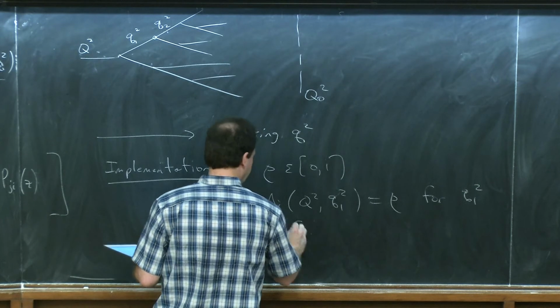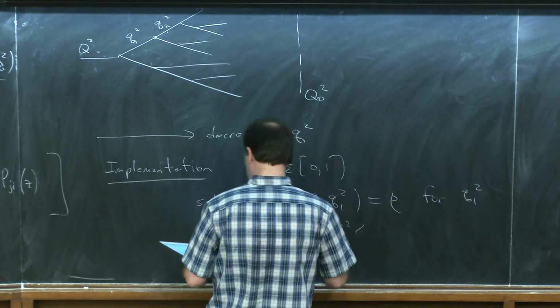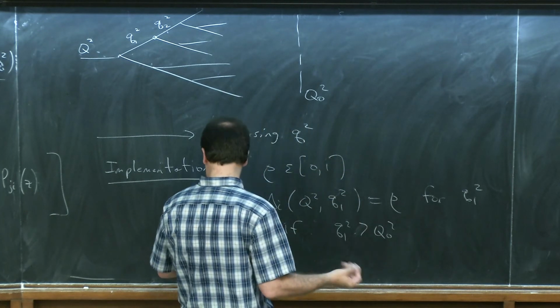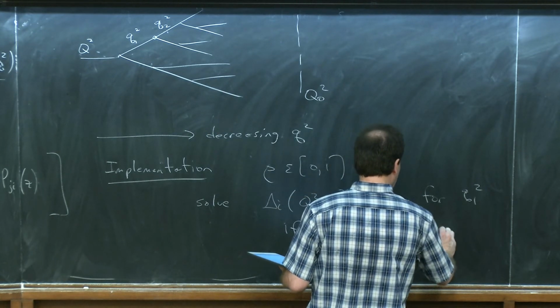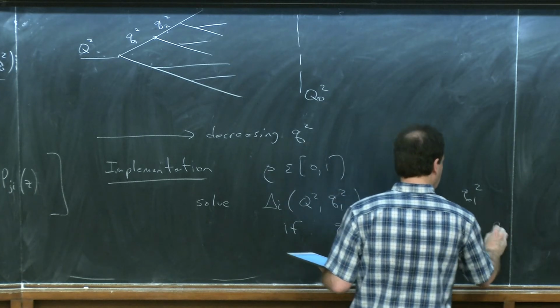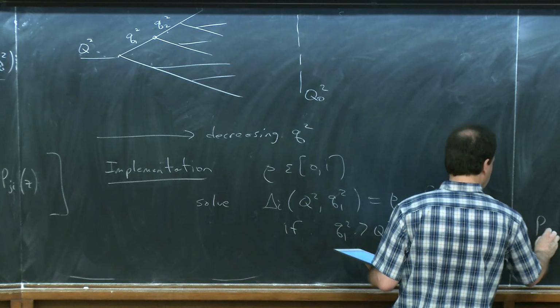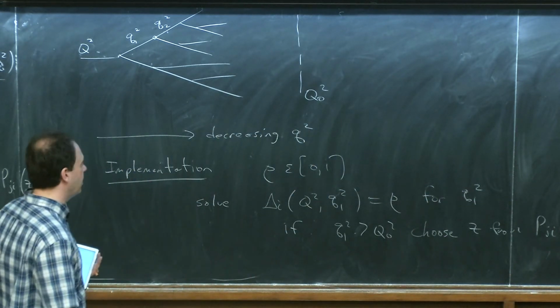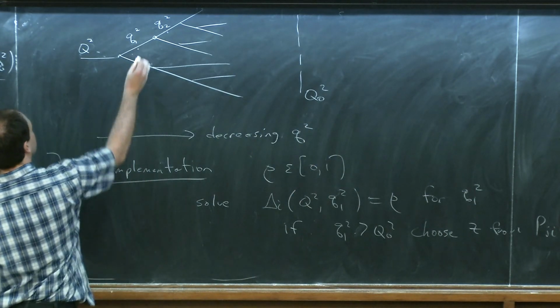And obviously, if Q1 squared is greater than Q0 squared, you need to choose a z value, and you use the splitting function P as a probability distribution to give you a z value, and then you've got the kinematics of this particle.